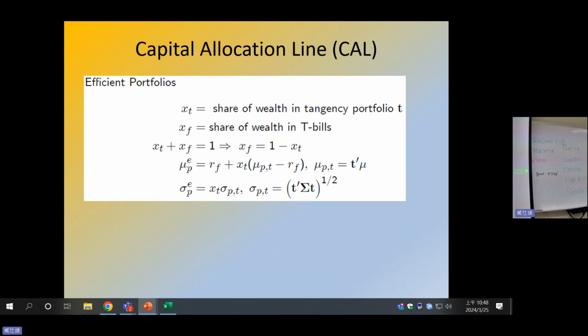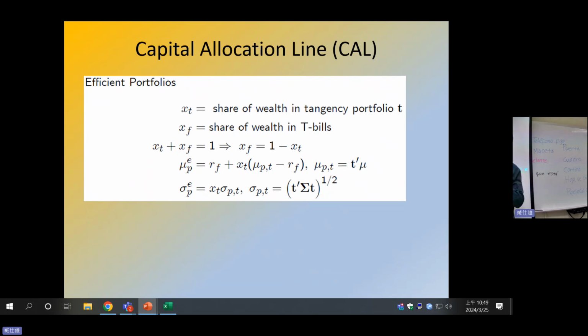So this is the portfolio return. Okay, so you can see here, the portfolio return will be equal to the riskless rate of return plus XT. So XT is the share of wealth in tangency portfolio. Because you can see if XT equals 0, all our assets will be allocated to the cash or the riskless assets.